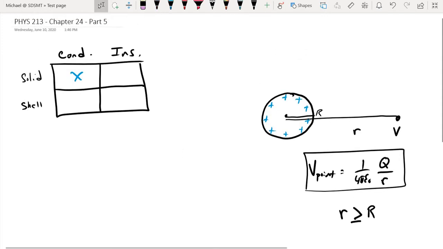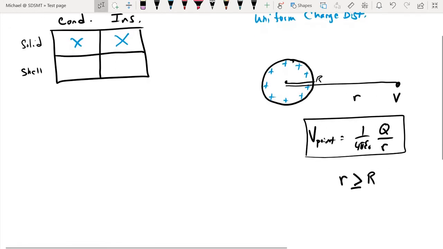So we've done the solid conductor. Let's try a solid insulator. For a solid insulator, the only major difference between the two pictures is that I will have to do some additional work to get that charge spread out uniformly over the surface of the sphere. But once I have that uniform charge distribution, as far as the charge placement goes, I have exactly the same picture as with the solid conductor.